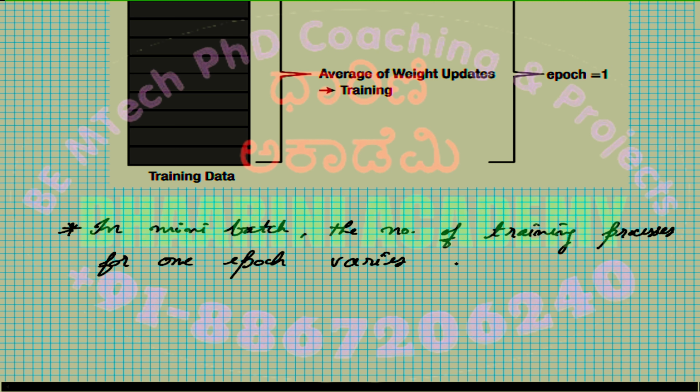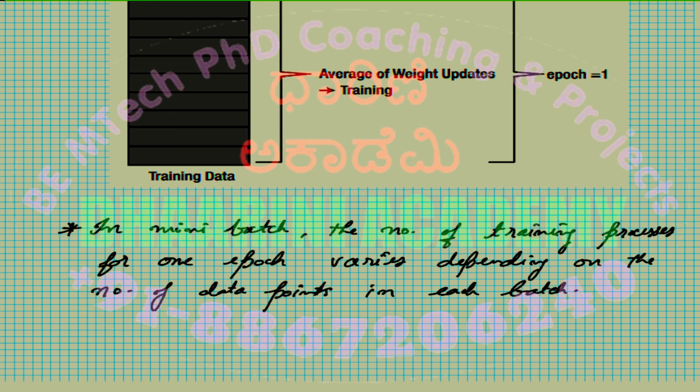How does it vary? Depending upon the number of data points in each of the batches.